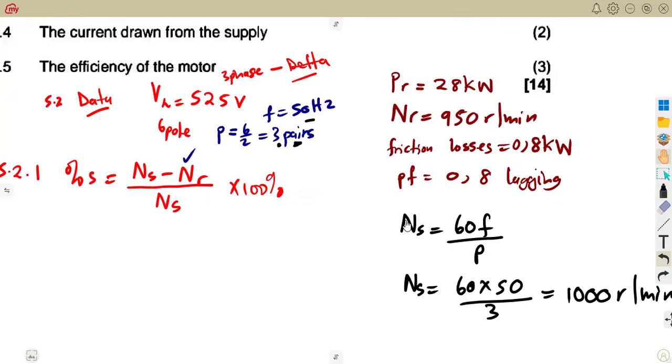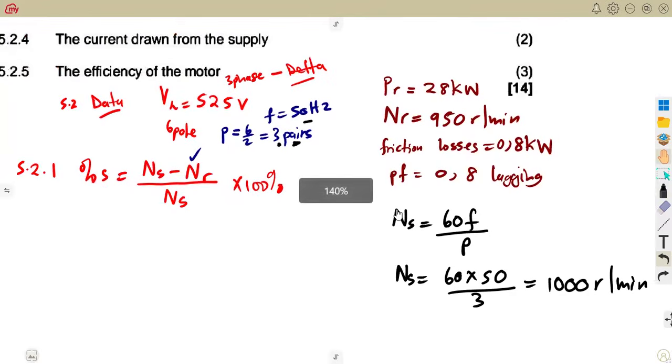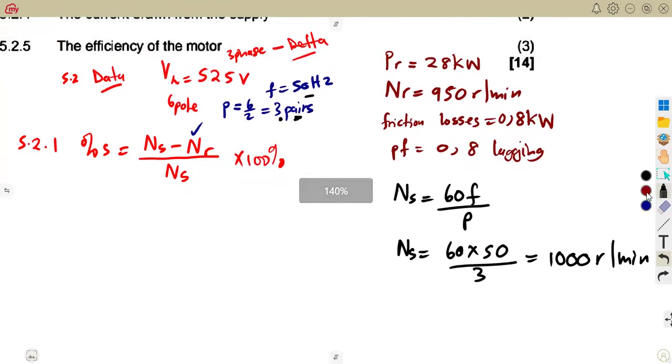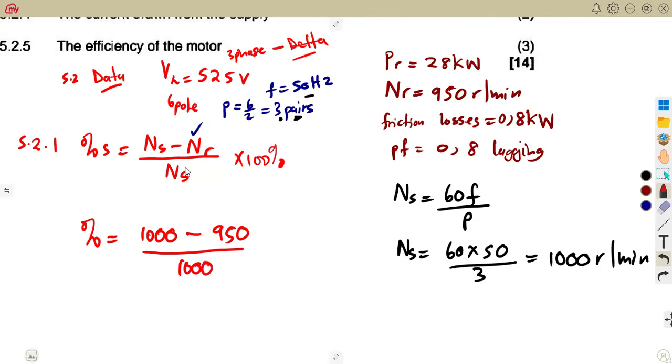So taking this into consideration and the NR that you're already given, you're going to obtain the percentage slip. Our NS, that is 1000, minus our NR, which is 950, over 1000, times 100%.